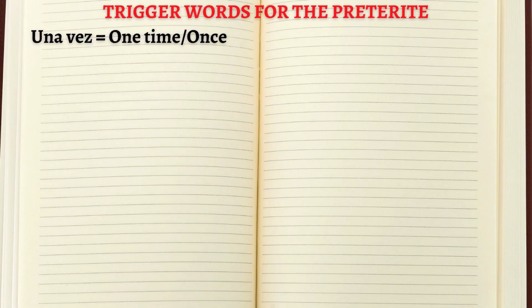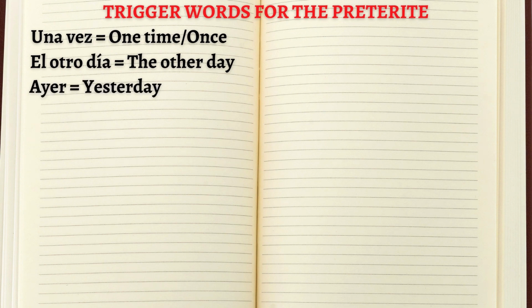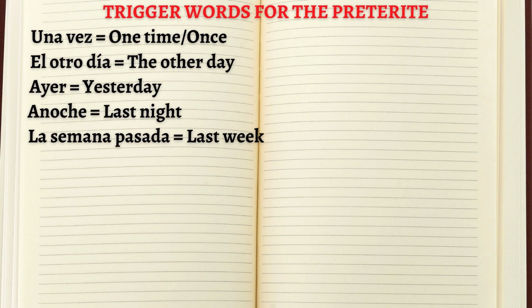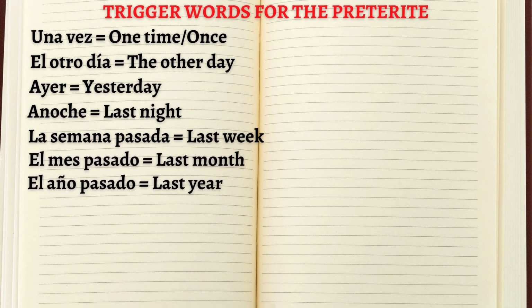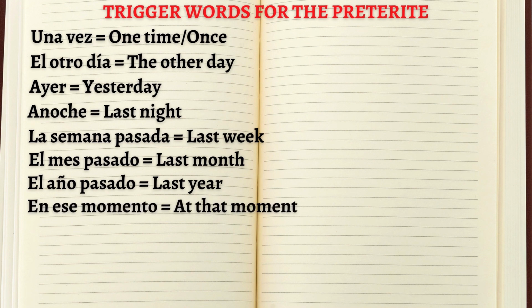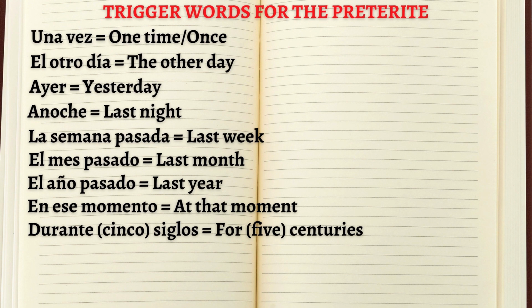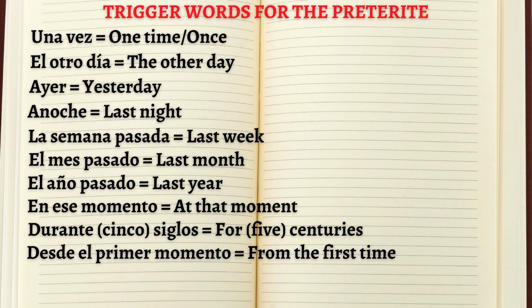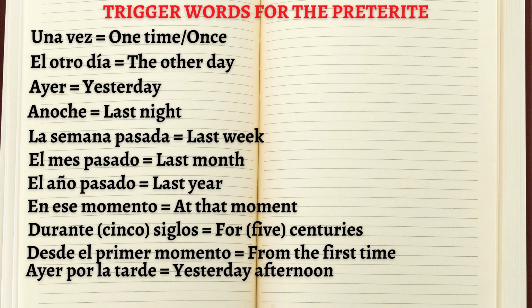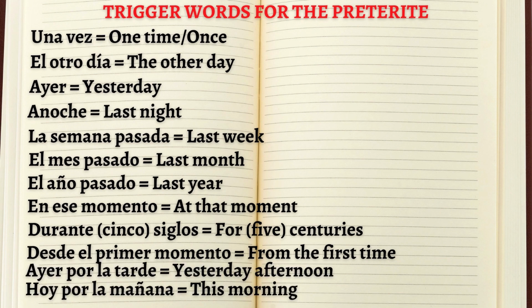And these trigger words are una vez, el otro día, ayer, anoche, la semana pasada, el mes pasado, el año pasado, en ese momento, durante 5 siglos, desde el primer momento, ayer por la tarde, hoy por la mañana.